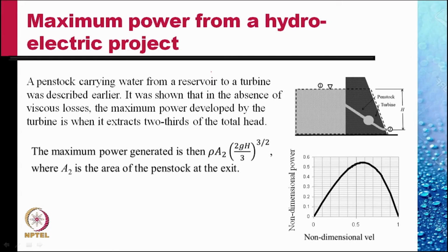The curve of non-dimensional velocity versus non-dimensional power was something like this. So we get a maximum power when 2/3 of the head was extracted and 1/3 of the head was left with the velocity.